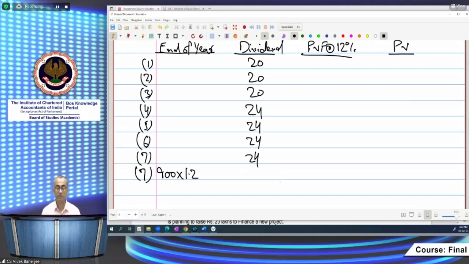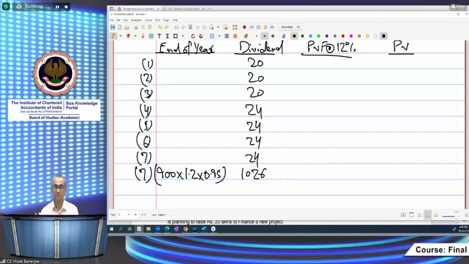Therefore 900 into 1.2 into 0.95, क्योंकि 5% expenses है, उसको भी वो माइनस करेगा. That is 1026.